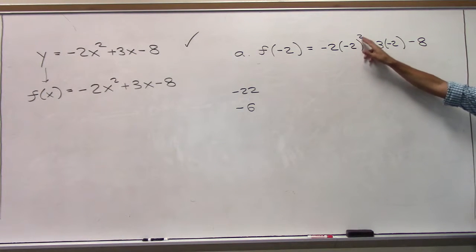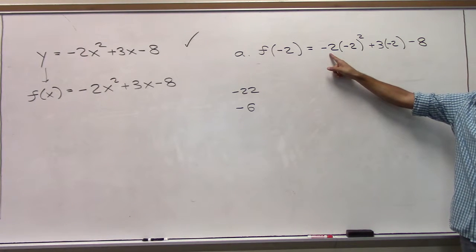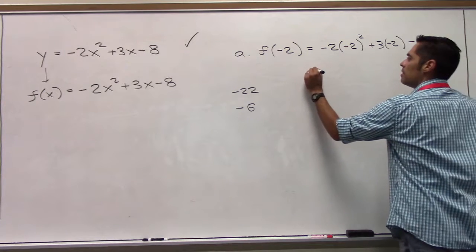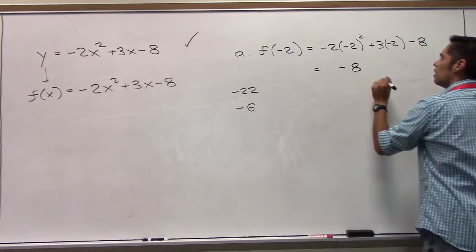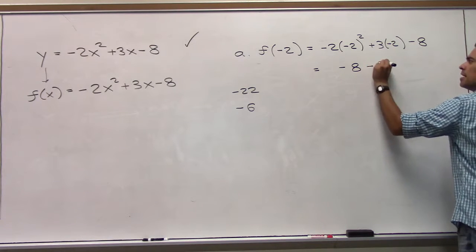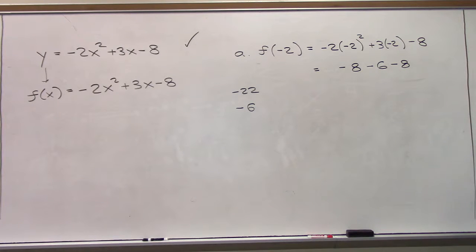Negative 2 squared is positive 4, times negative 2, negative 8. Positive 3 times negative 2, negative 6, and then minus 8. So that's negative 22.